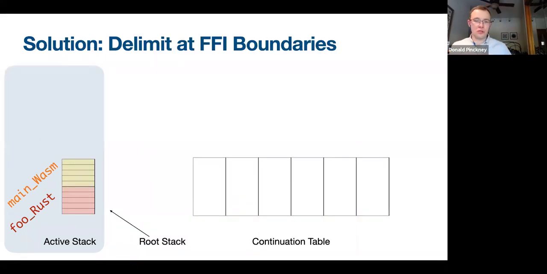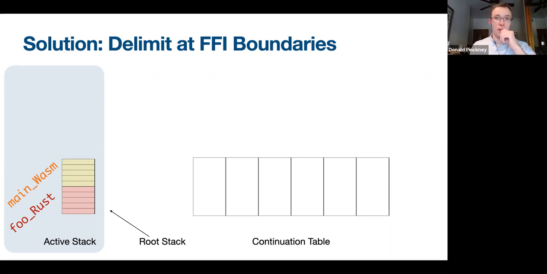Okay. So the solution that we came up with is a somewhat strange sort of delimited continuations. Our intuition is that we want to add a type of delimiter at these FFI boundaries. We actually allow you to use the prompt instruction wherever you want, but we enforce it implicitly at FFI boundaries to give you safety.